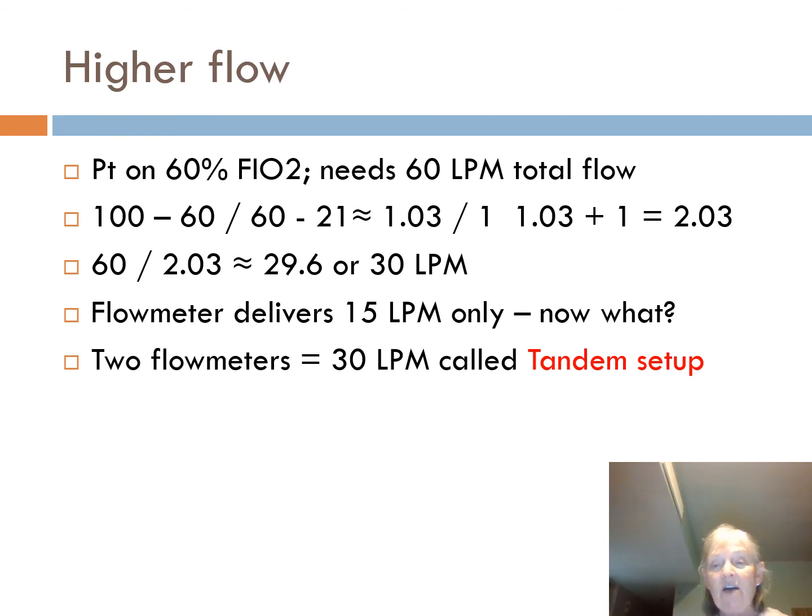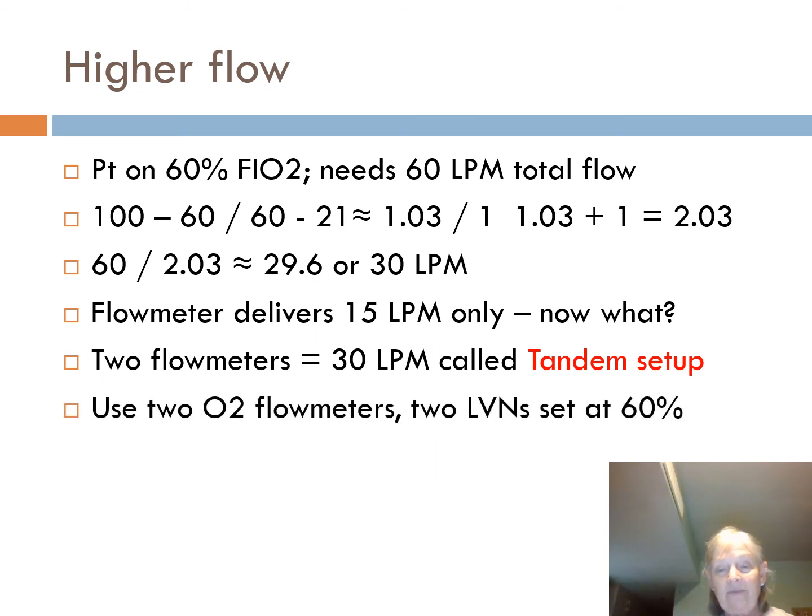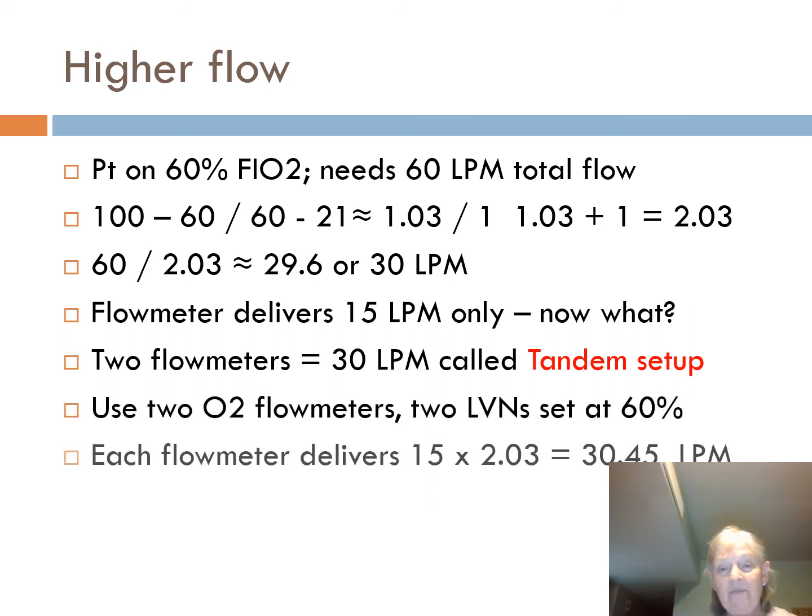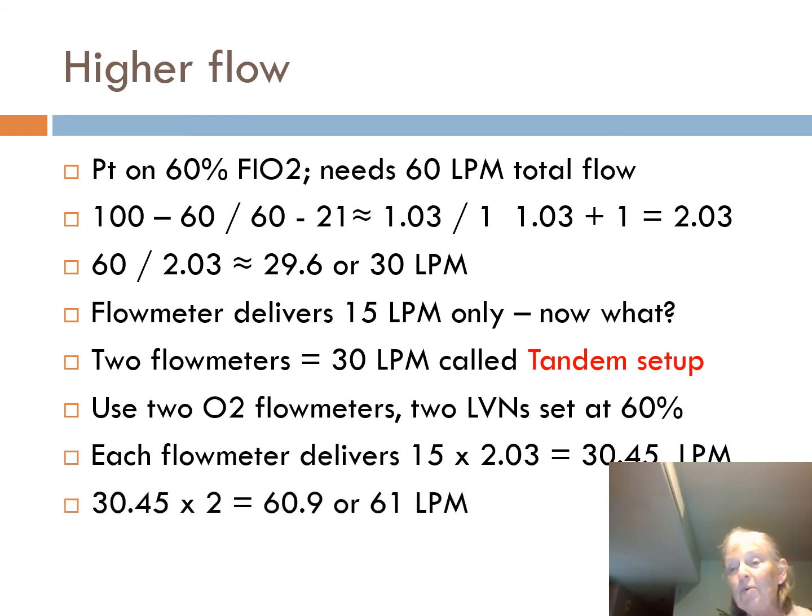My patient is now getting their 30 liters per minute. And because it's 30 liters per minute for each of them, multiply that by 2, the patient's now getting their 61 liters per minute. They're getting 30 from each of the flow meters. Together, both of those flow meters are putting out 61 liters per minute.